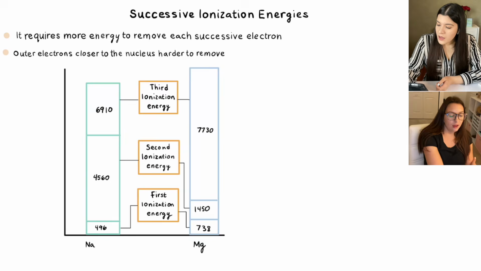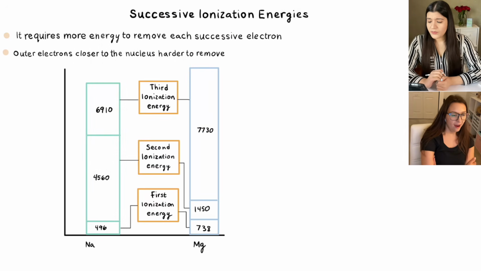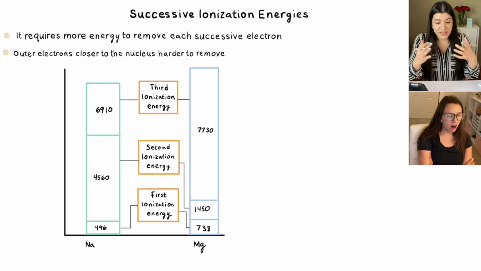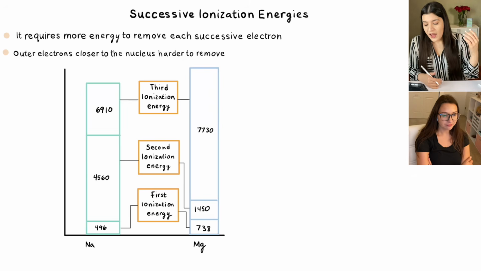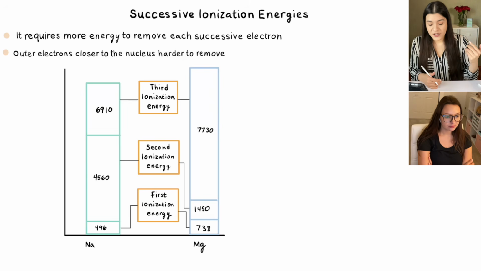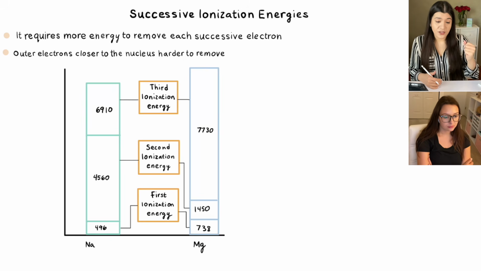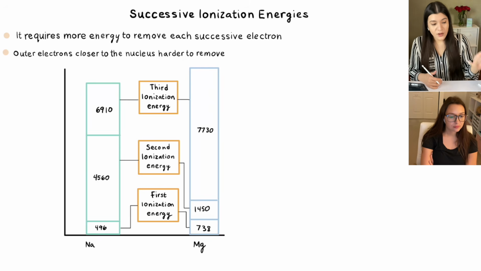Continuing with this, this is just talking about the next ionization energy. Like ionization energy 1, ionization energy 2, remembering that it's going to require more energy to remove a second electron, a third electron, a fourth, and so on.